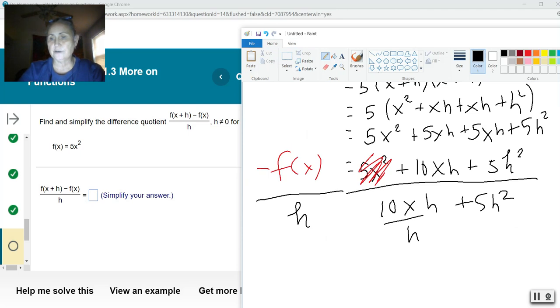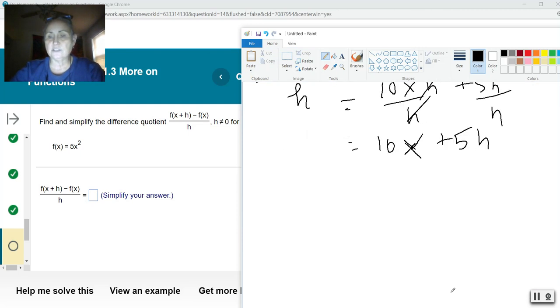So I put an h under here and an h under here. And I get 10x, right? Because those h's cancel out. And then plus 5h. 10x plus 5h. Let me write that a little bit cleaner. 10x plus 5h is my answer.